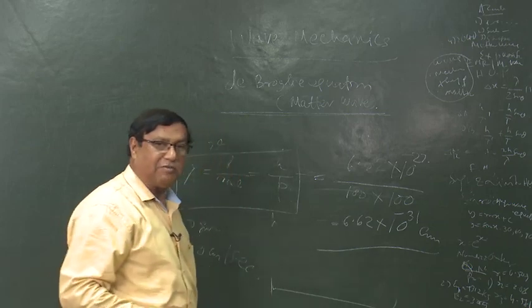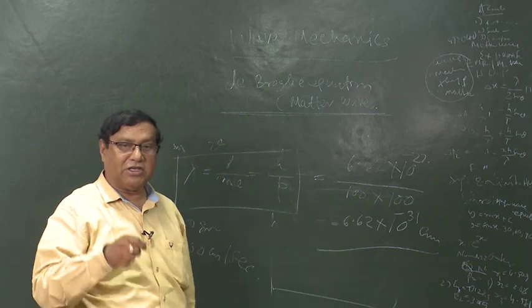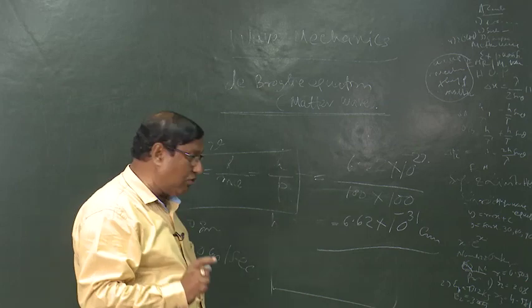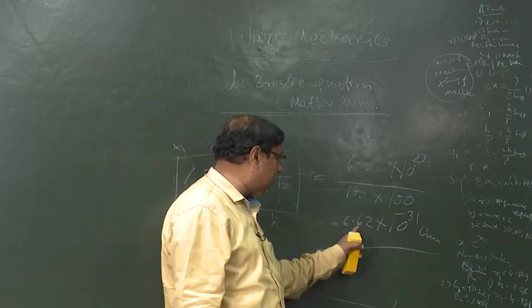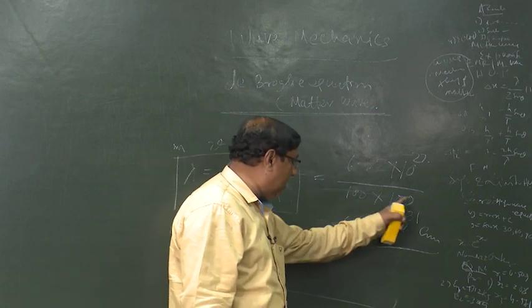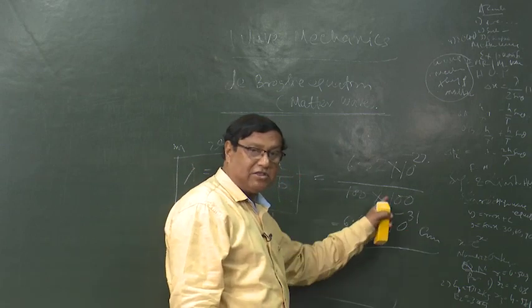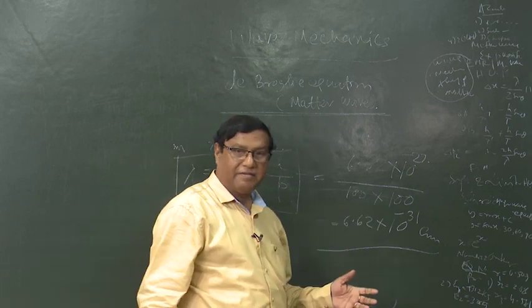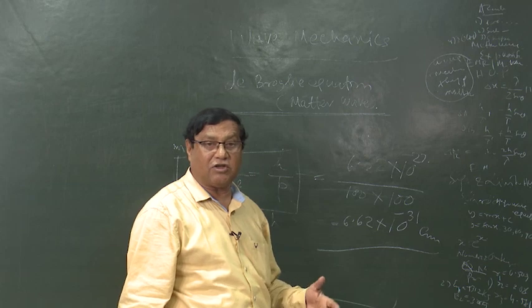So, if a tennis ball of mass 100 gram is thrown with a velocity of 100 centimeter per second, it is associated with a wave whose wavelength is 6.62 into 10 to the minus 31 centimeter. You can see its power, 10 to the minus 31. So, this wavelength is very small, so it is very difficult to detect or to measure.